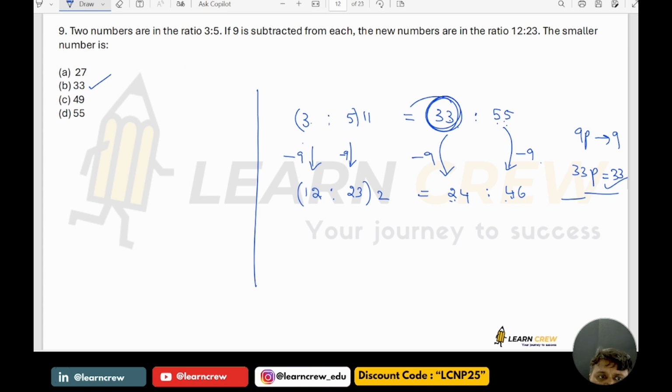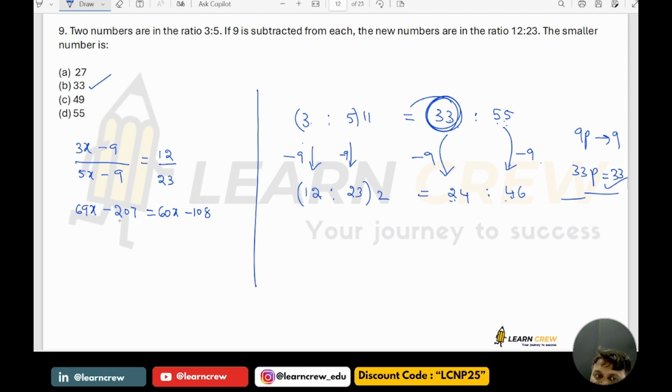Initial ratio is 3 is to 5. So if one number is 3x, the other number is 5x. If 9 is subtracted from each, the resulting numbers are 3x minus 9 and 5x minus 9. In that case, the ratio becomes 12 by 23. Now 23 3s are 69, 23 9s are 207, 12 5s are 60, 12 9s are 108.